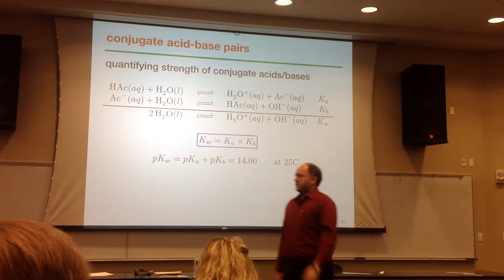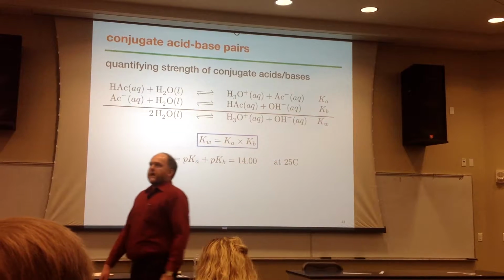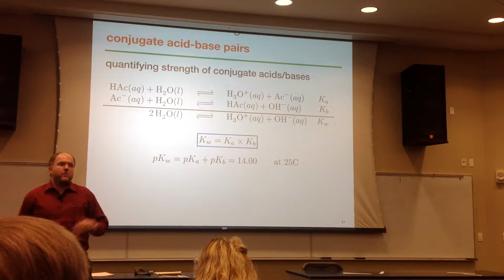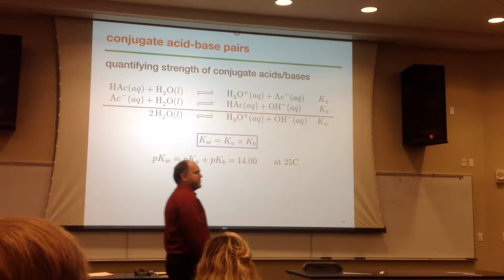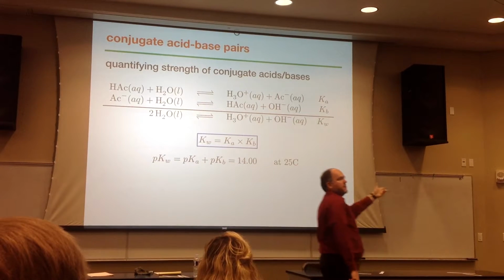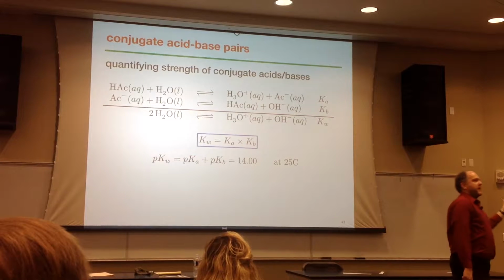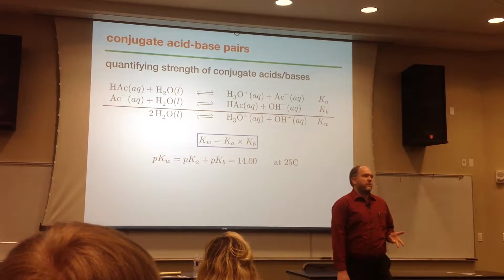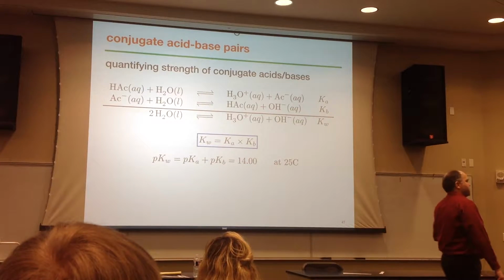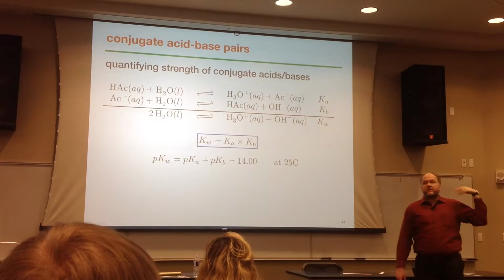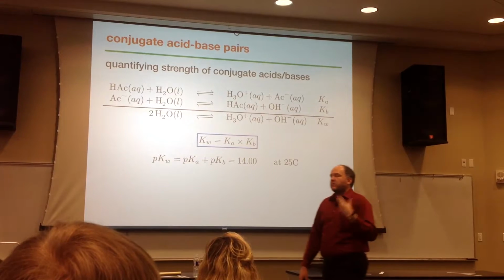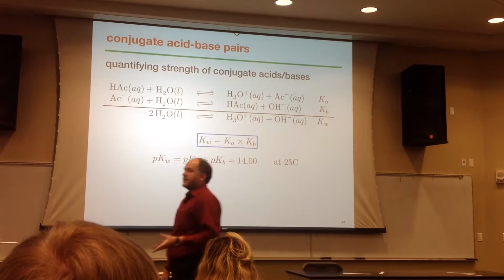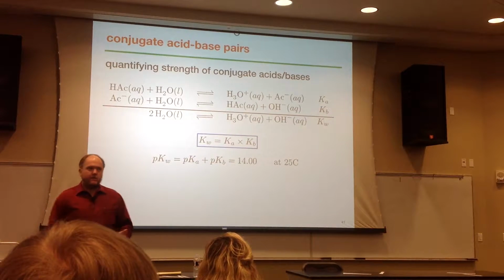Well, technically at 25 degrees C. All right. Now, the same rule that applies to pH and pOH is true here. pKw is equal to pKa plus pKb. And at 25 degrees C, that is equal to 14. All right. So you can see the strength of a weak acid or weak base listed as pKs instead of just as Ks.